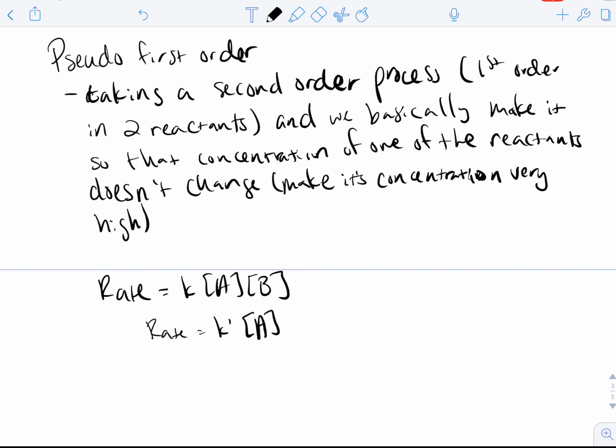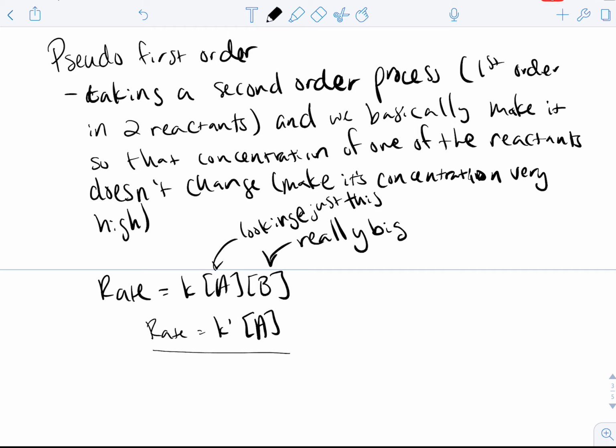So we make this concentration really big, so we can look at just this. And then we're only really looking at the change in A concentration.